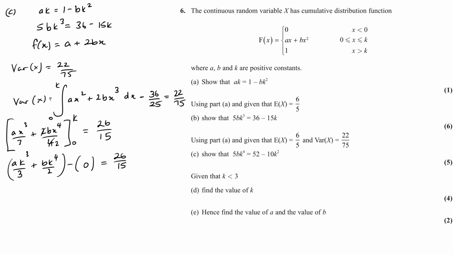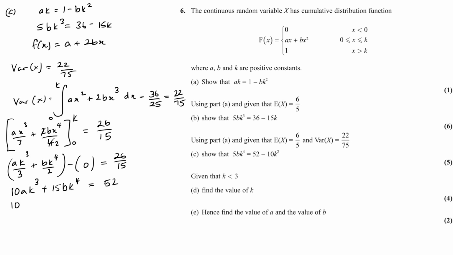Now, looking at what we got on the bottom, 15, 3 goes into that, that's not a problem. Obviously 2 needs an even number, so making it 30. So we're going to multiply through by 30. So multiplying by 30 here, obviously 3 threes was 10. So we're looking at 10ak cubed plus 15bk to the 4 equals 52.